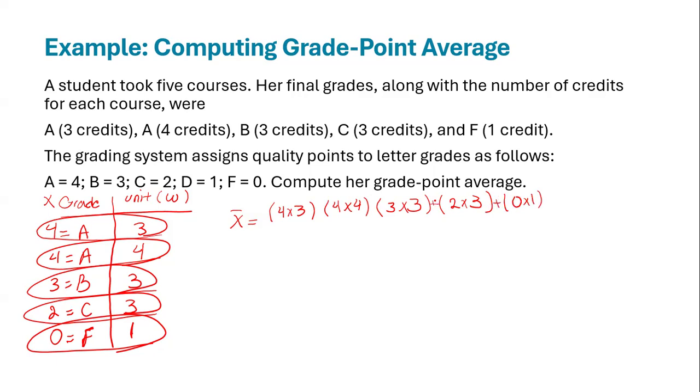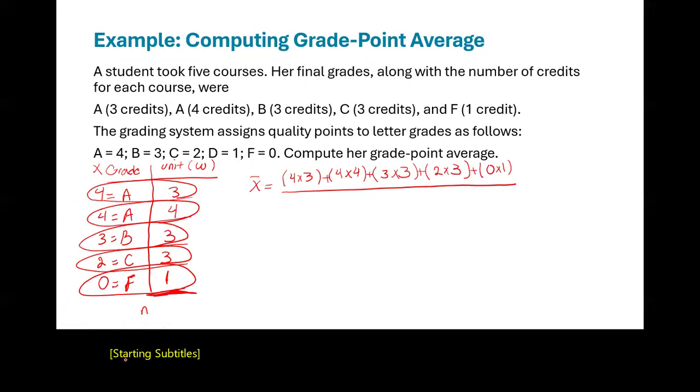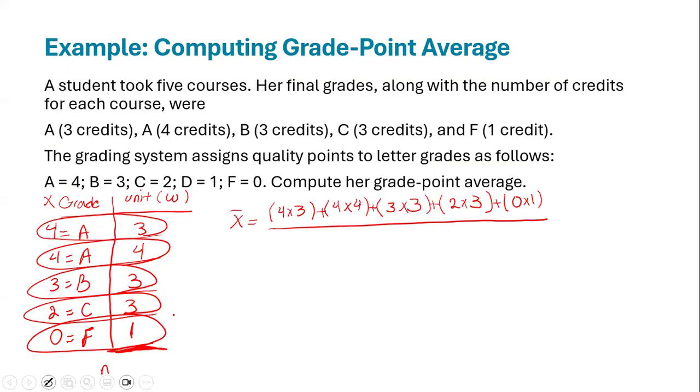And then add them together and divide by the sum of the frequencies, the sum of the weights, which is the total units that student had in that semester: 3 plus 4 plus 3 plus 3 plus 1, and that's 14. So we need to divide by 14.